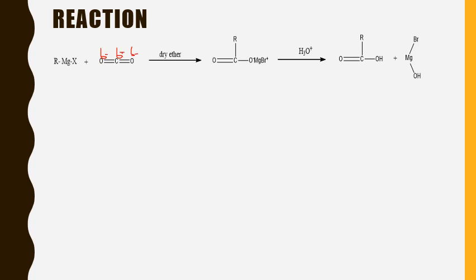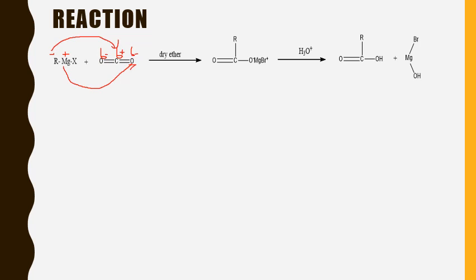Due to the high electropositivity of magnesium, it has a positive charge and R has a partial negative charge. As we know, negative is attracted to positive and positive to negative. Therefore, one can easily expect that R minus will add to the carbon of carbon dioxide, and the magnesium part will add to the oxygen.